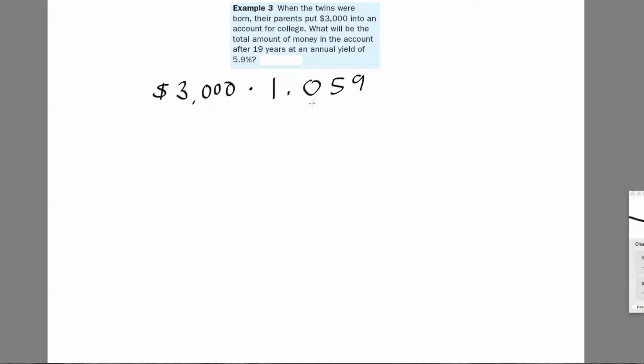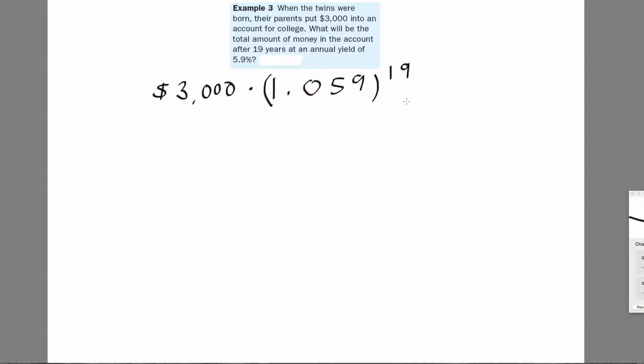The 1 is the initial amount, and I have an annual yield for 19 years. Now, I don't want to have to do this addition 19 times, especially now that I know I can do the shortcut of raising it to the power of the number of times I'm going to apply the interest. So here I've got my equation set up.